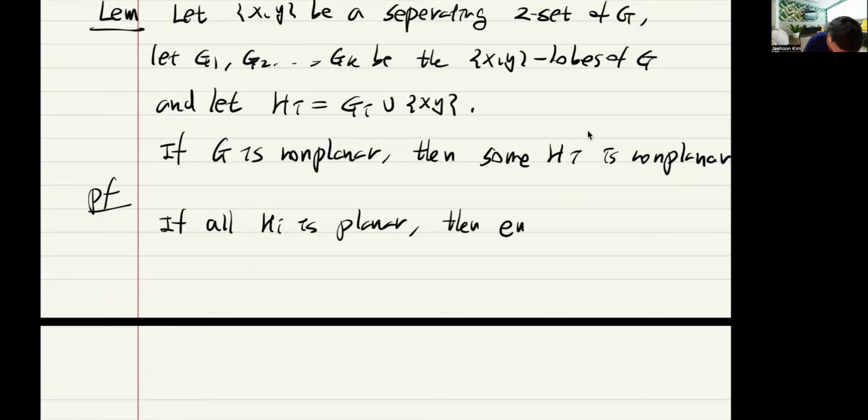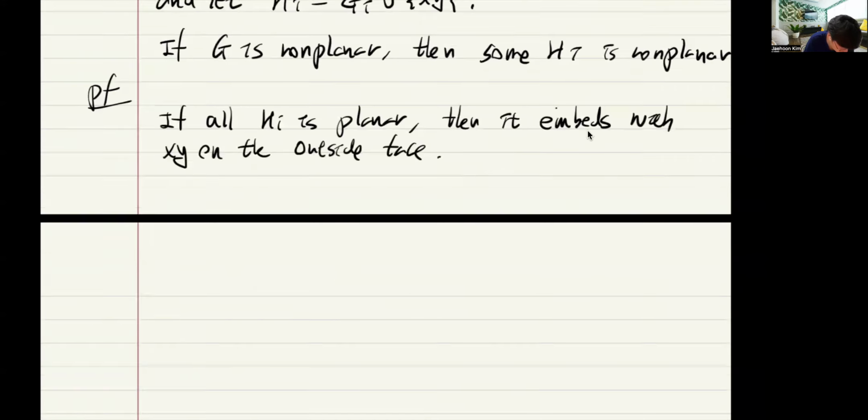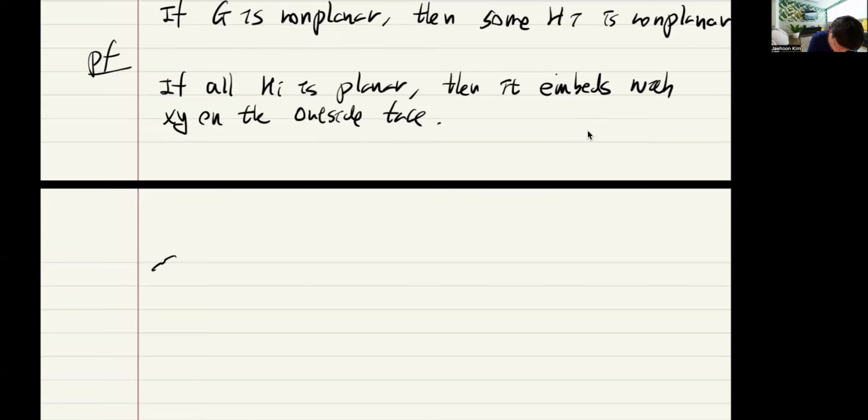Then we embed it. Then by the previous lemma, it embeds with this xy on the outside face. Then we have an embedding of H here. We don't know what it is, but the x and y are on the outside.